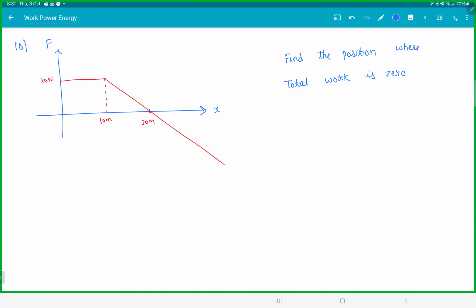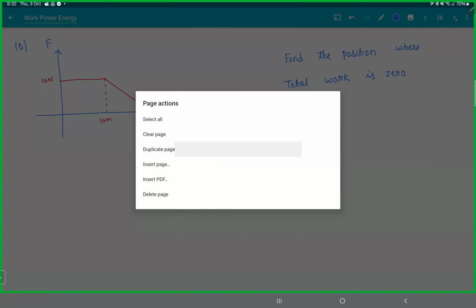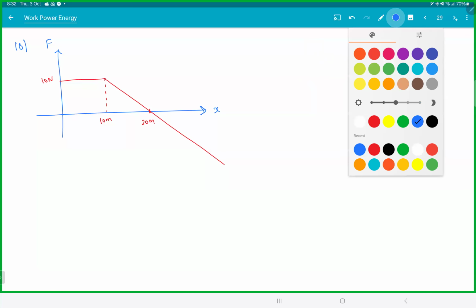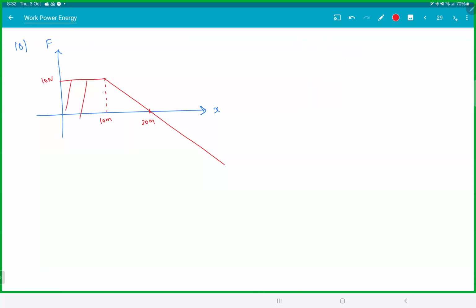So basically the total positive area must be equal to the total negative area. So this is how we do it. This would be 100. This would be 50.